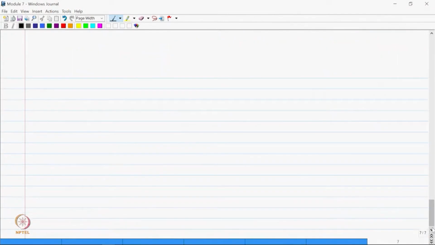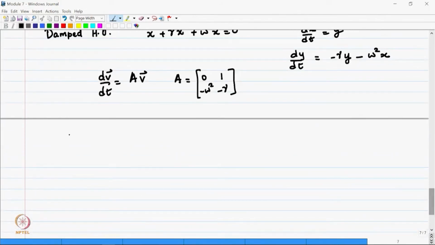If you want to calculate the eigenvalues of this equation, what you will write is the determinant of [minus lambda, 1; minus omega square, minus gamma minus lambda] equal to 0, where lambda is the eigenvalue. So, what do you get?